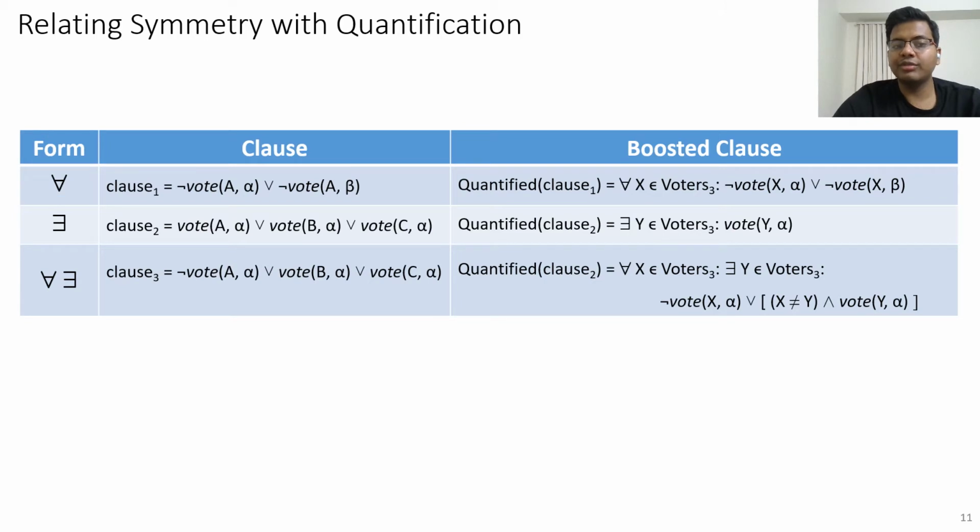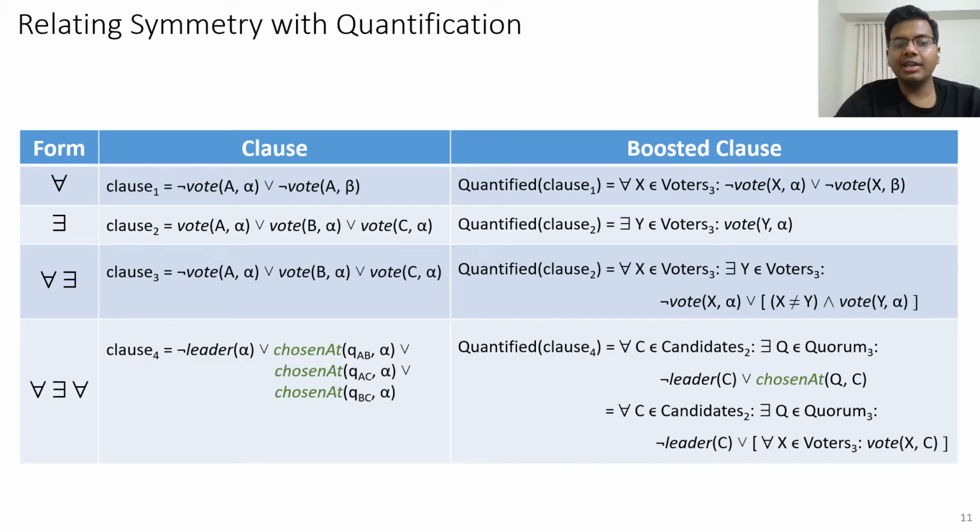It can be a universal clause with just for all as shown here, or just exists, or a mix of both a for all and exists alternation as required by the clause, or in even more complex forms like for all exists for all by substituting protocol definitions that are already present in the clause.